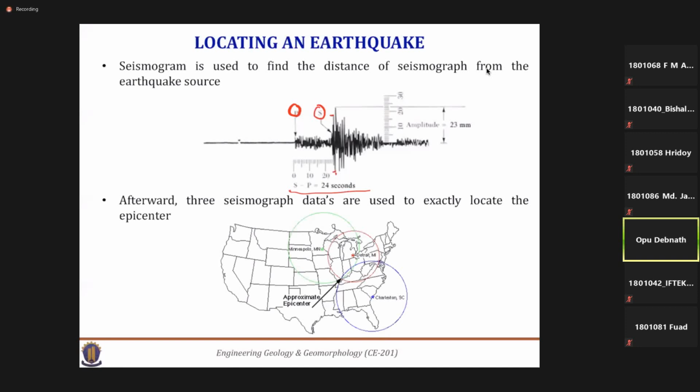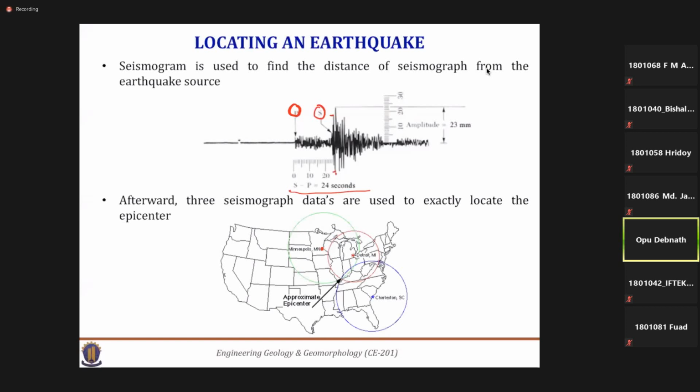So you can find the distance. That means from the earthquake data and seismogram data, you have the scope to calculate the distance of the epicenter from your station. Consider the green circle. This is your station. After the earthquake occurs, you can calculate from this graph amplitude, time, travel distance, everything.